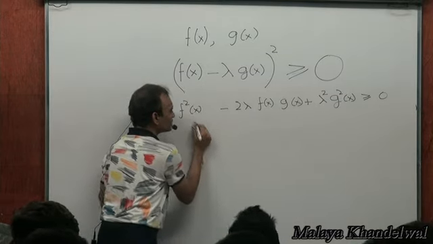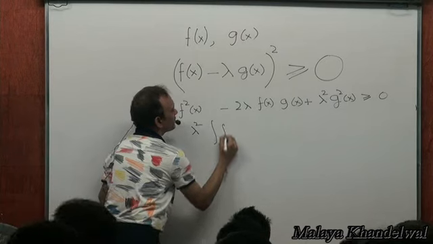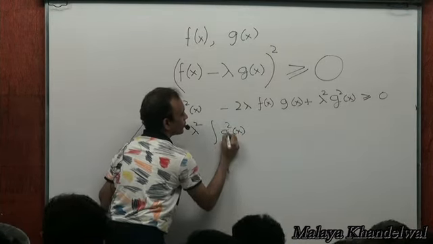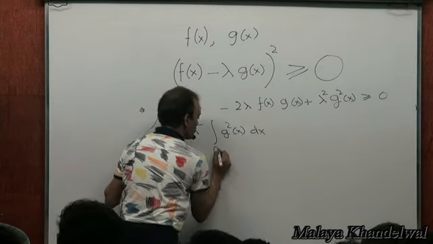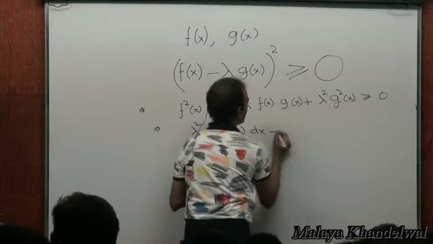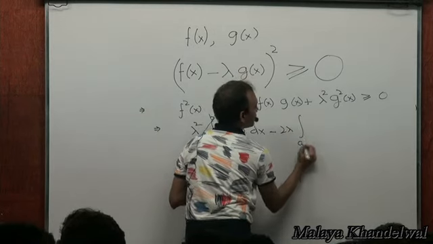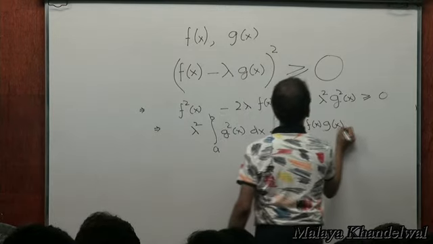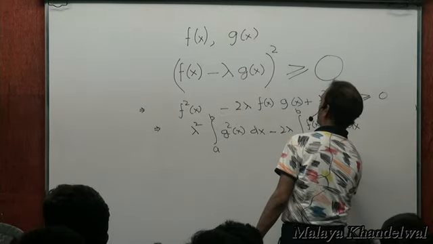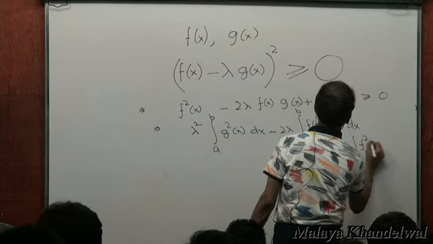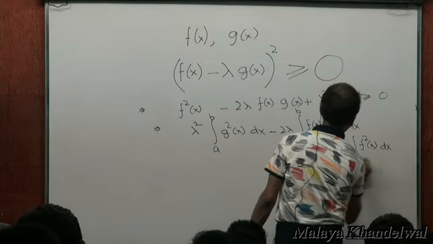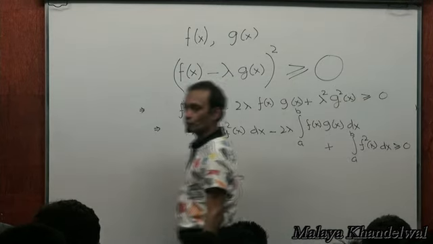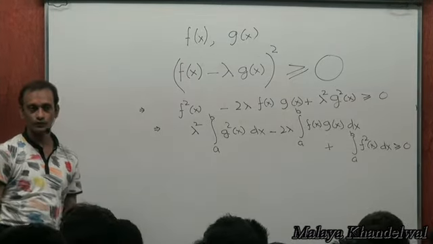Or taking the last term first, integral g squared x dx from a to b minus 2 lambda integral a to b f x g x dx plus integral f squared x dx a to b will be greater than or equal to 0, yes or no? Right?